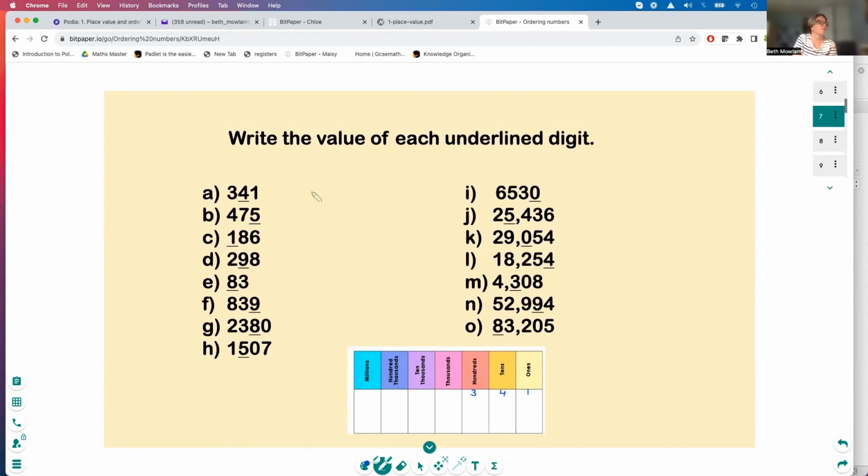So the value of the 4 would be 40. Now, if you were to write tens, you would not get the GCSE mark. So you've got to put it as 40. So the value, that is representing a 40. So if you pause the video and give yourself a go at all of these, once you've done that, press play again, and I will be going through these now.